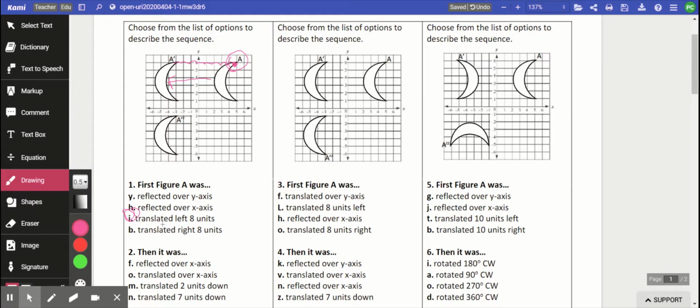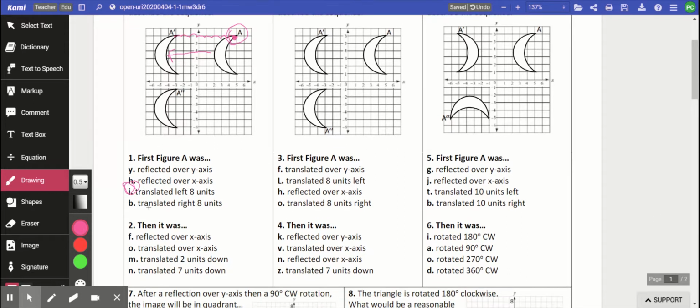So the best choice, really the only answer that works in this case, is that it was translated to the left 8 units. Then it tells us, well, what happens after number 2. So now we're focusing on this A prime because that's where our new A is now. I'm changing my color for my pen here.